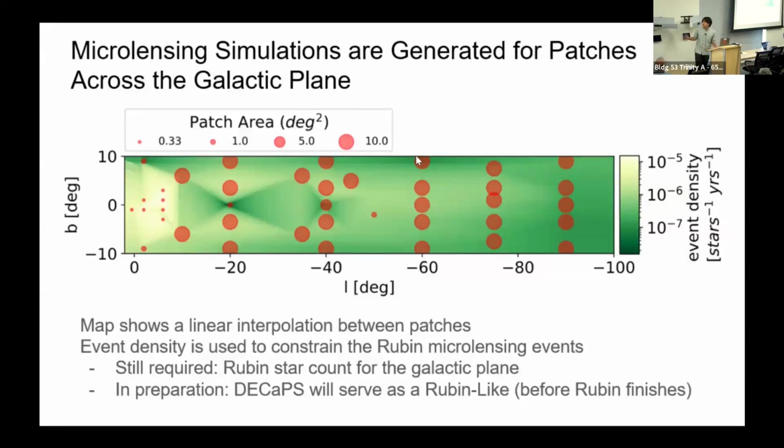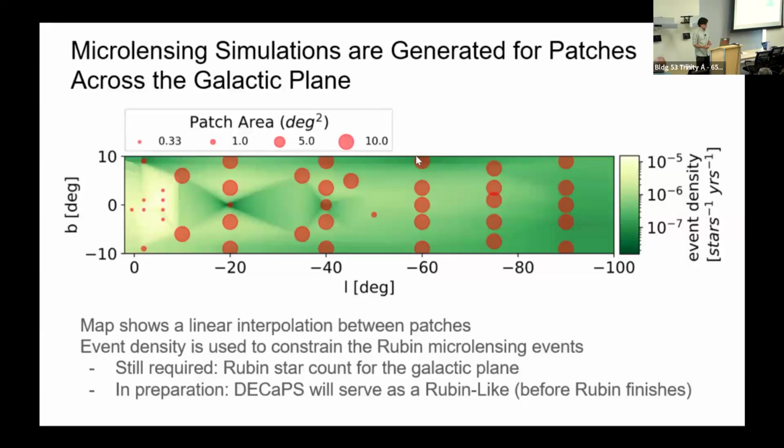The color of this plot represents the event density. So here we're looking at the number of microlensing events per star per year. What we'd like to do with this is say, what is the actual number of microlensing events per year? But obviously we can't do this until we know what the actual star count from Rubin is.